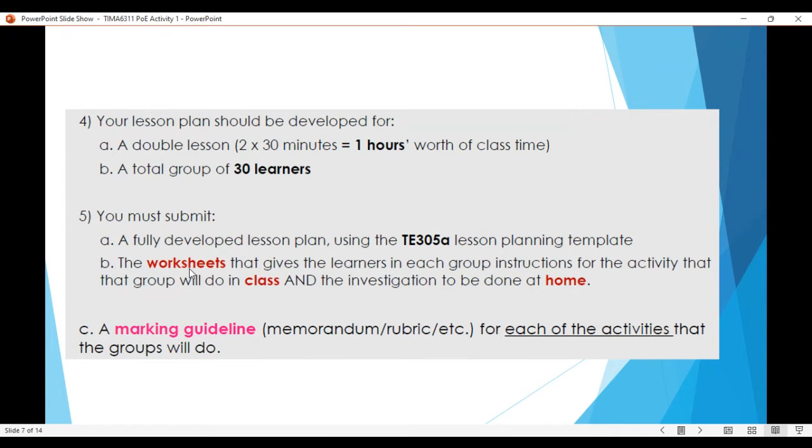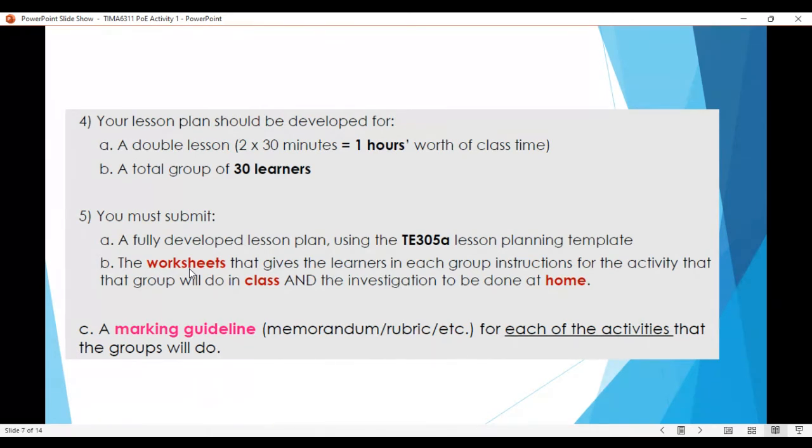So you can give group A, or let's say group purple, which is your moderate level group, an activity to go outside and do something, and you describe it to them in their worksheet, and then they will have to complete a few questions on that worksheet.